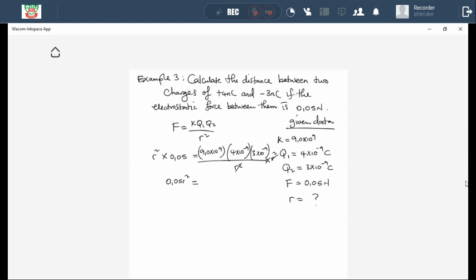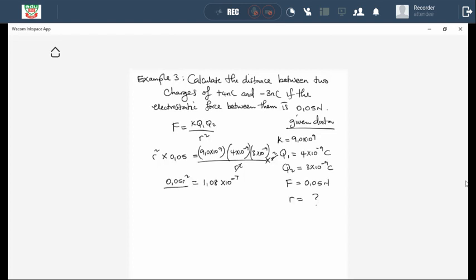Allow me to close again and open. I got 3 times 10 to the power negative 9. I close. Then I'm getting 1.08 times 10 to the power minus 7. You can always use your own calculator at home to check if my calculator is giving me correct answers.